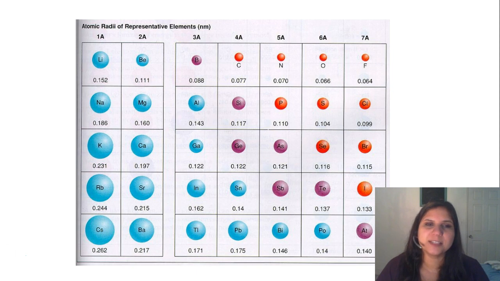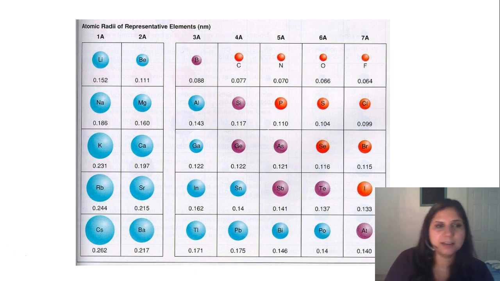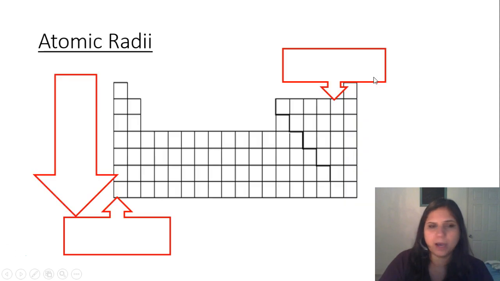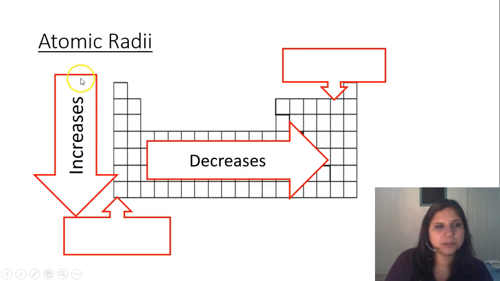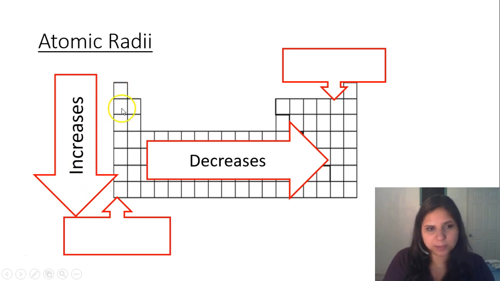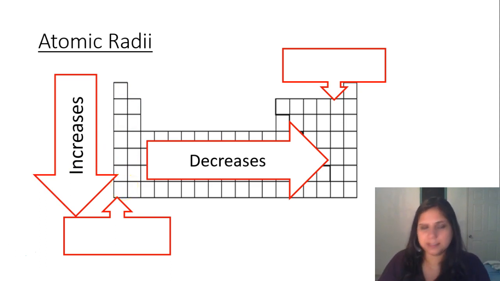So in this picture, we can see the atomic radius increases from top to bottom on a periodic table, and then it decreases from left to right. So let's discuss why. So why does it increase from top to bottom? Well, as you go down the periodic table, you end up with more and more shells, and so it gets bigger and bigger and bigger. That one makes sense. But as you go from left to right, why is it that as you gain more protons, the size is getting smaller?